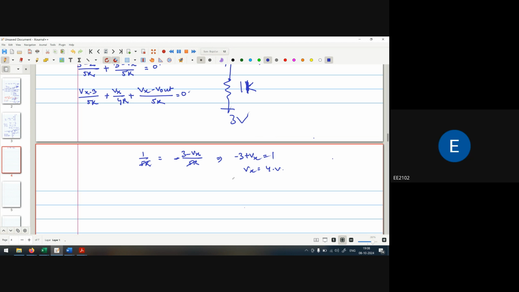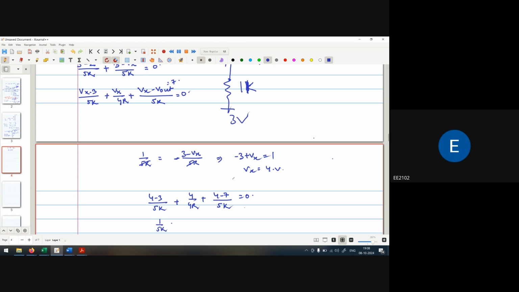So 4 minus 3 upon 5k plus 4 upon 4R plus 4 minus 7 upon 5k, and that last term becomes 0.